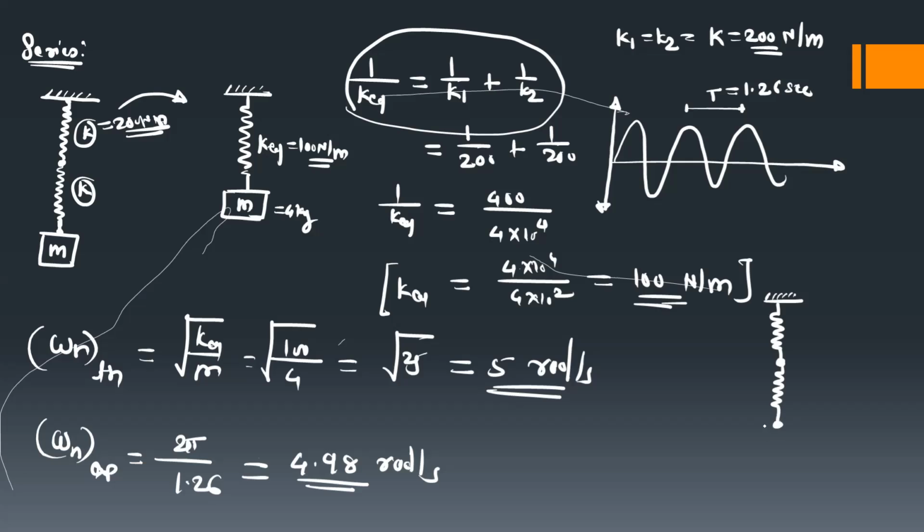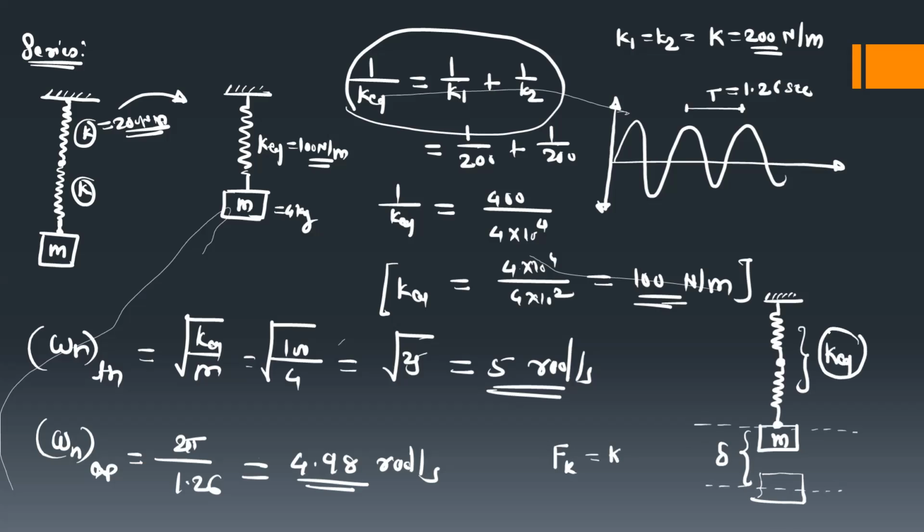Okay. And then attach one known weight and then measure the static deformation. So let us take this as the static deformation, delta. Okay. So the formula is: spring force is equal to, so these two springs will have an equivalent value as K equivalent. Okay.